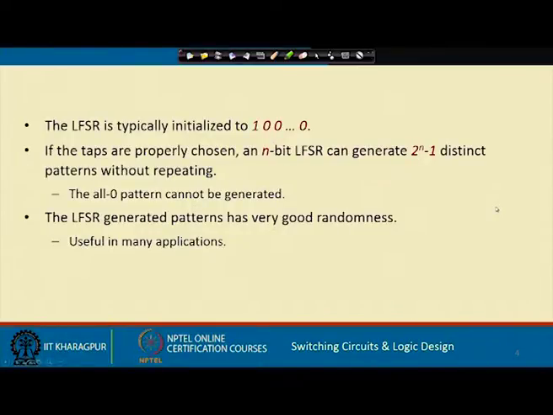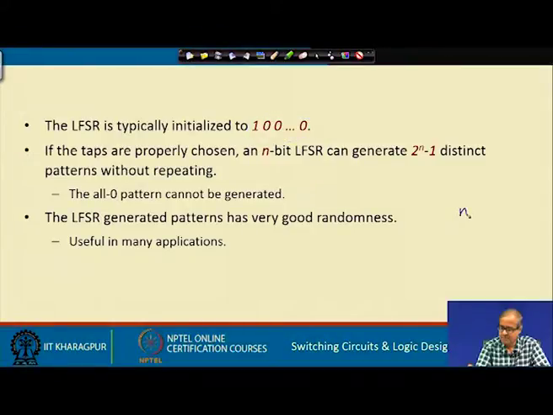So, as we have seen, in a practical application, an LFSR is typically initialized with 1 0 and the rest ones. The point to note is that in the example that we took, it was a 4-bit LFSR and it generated 10 patterns.